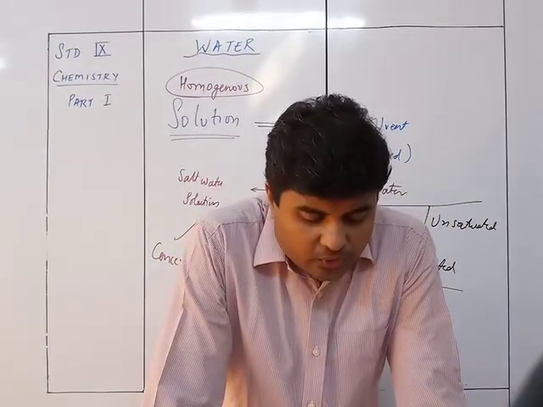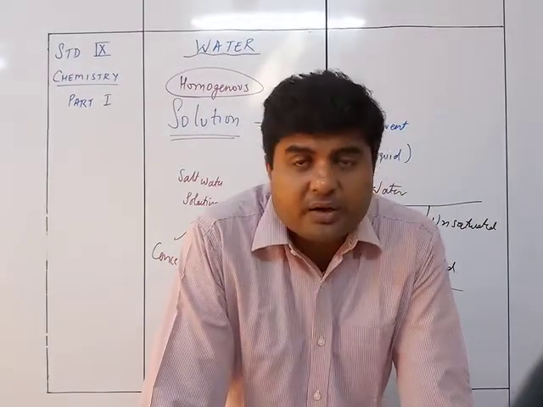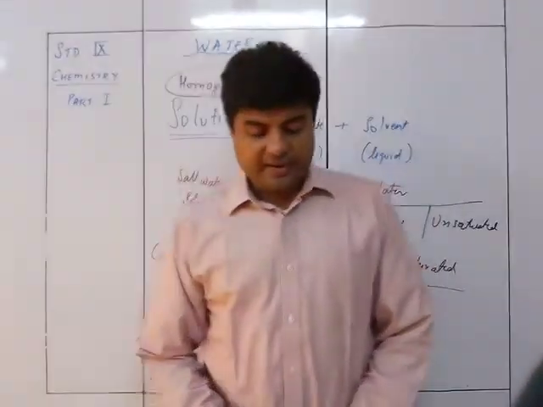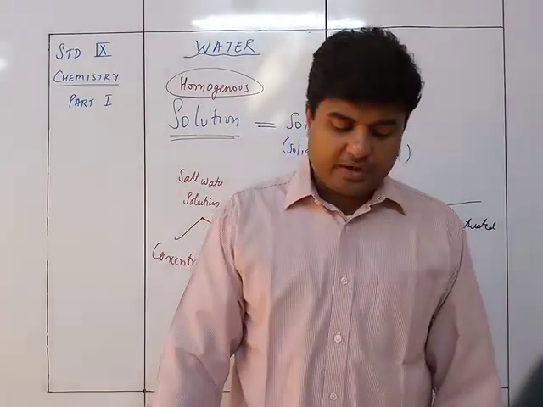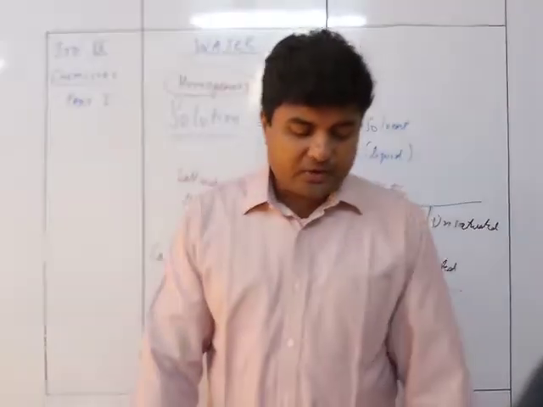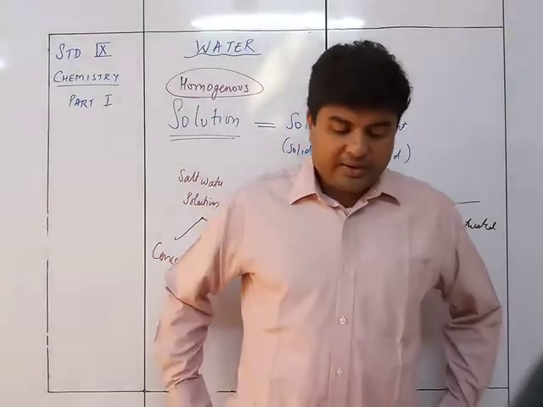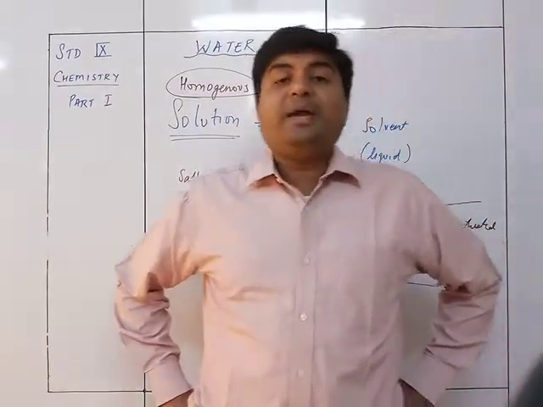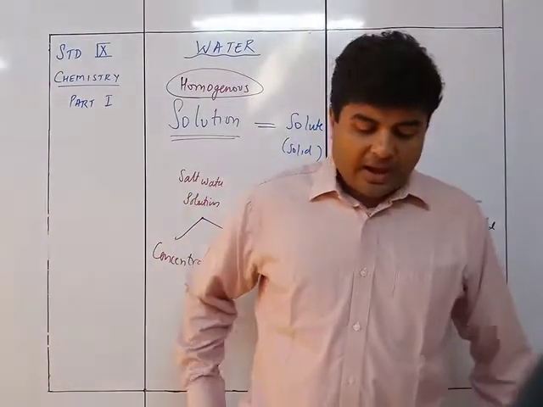The solution would be saturated at a particular temperature. So solubility is the ability of a solute to dissolve in a particular solvent. To obtain a uniform result, the amount of solvent is fixed at 100 grams and the solution should be saturated at a particular temperature.